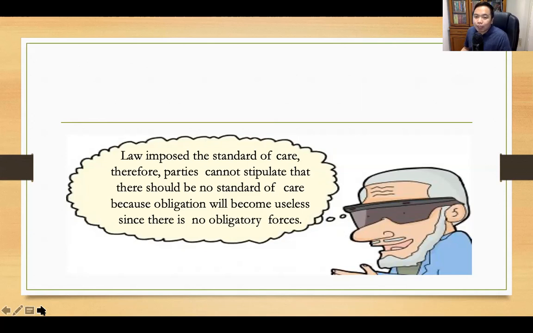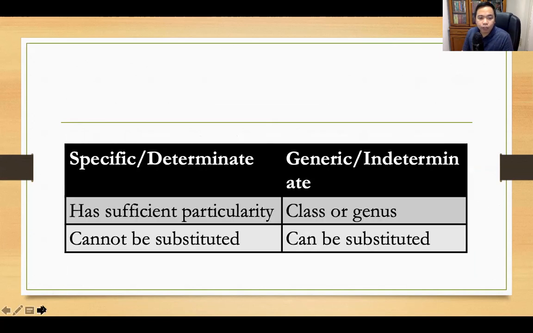What the parties can agree on is a higher standard of care, not a lower one. Because if the parties are allowed to stipulate for a lower standard of care, it will render the obligation useless because the party can just ignore or neglect the care of a particular thing or object to be delivered. Okay?